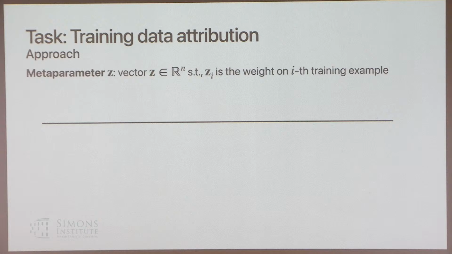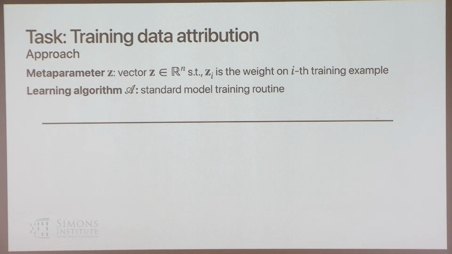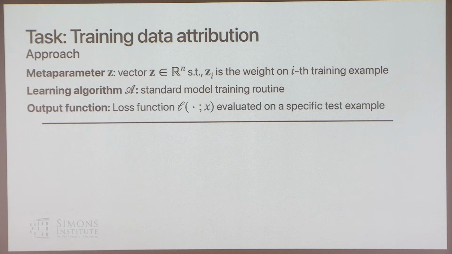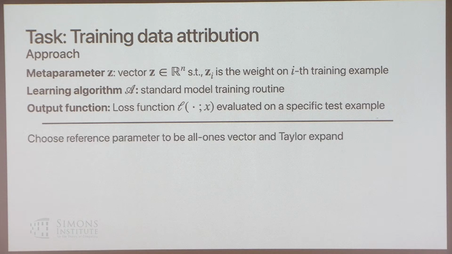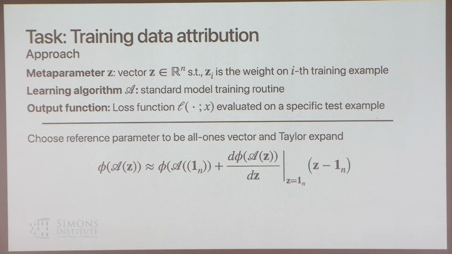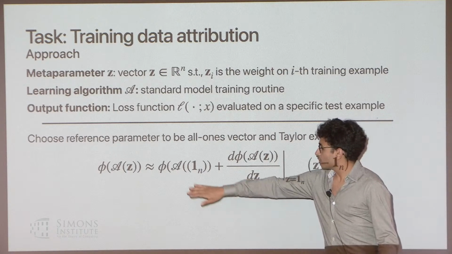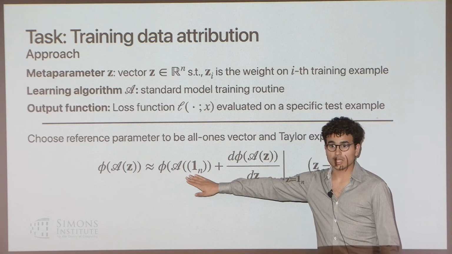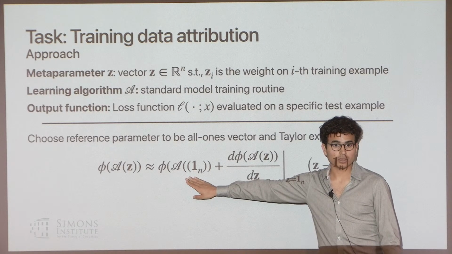Okay, so what's our approach? Again, the metaparameters are the data weighting from last time. The learning algorithm is a standard training routine. The output function now is going to be a loss evaluated on a specific target example. Then I'm going to train a model on all of the data, which corresponds to applying the all-ones vector.